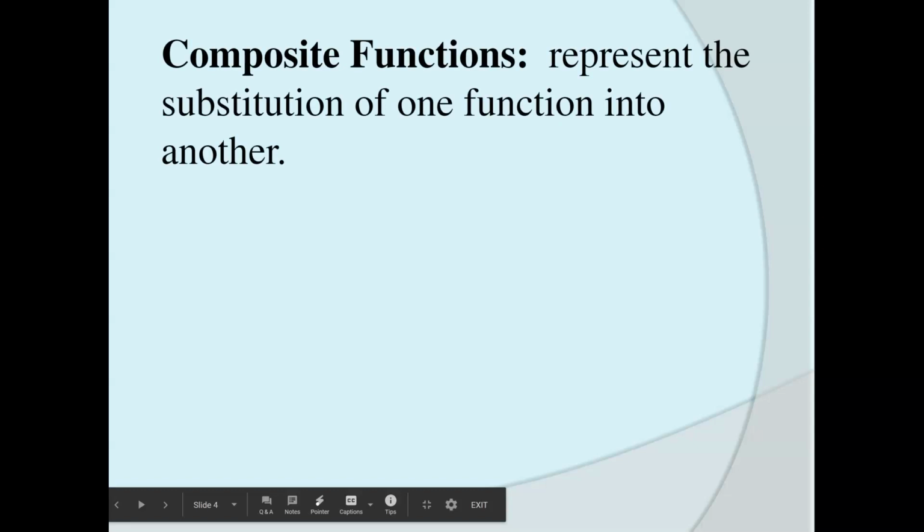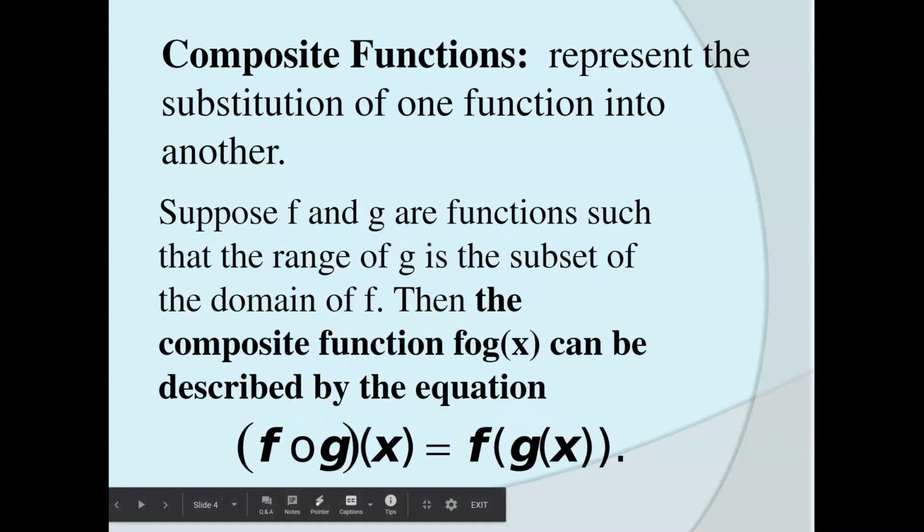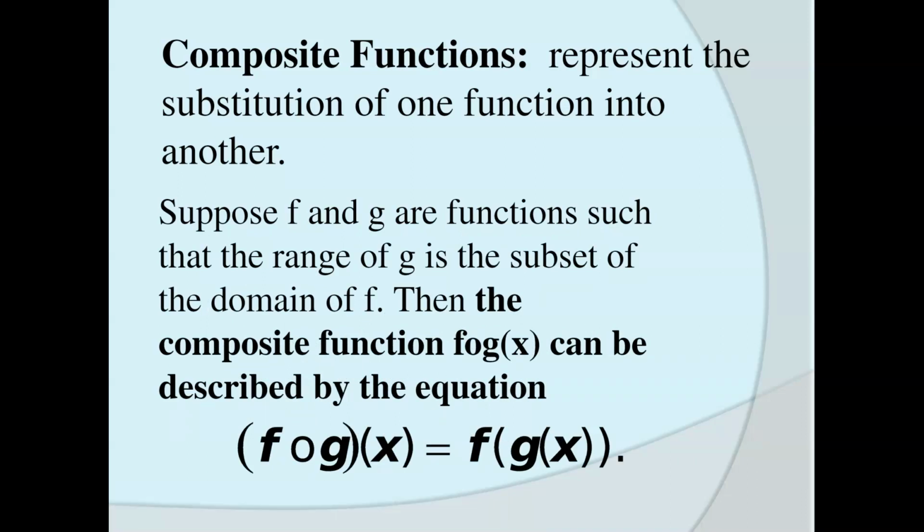So composite functions basically represent the substitution of one function into another. We have the rule that basically if you have f and g, that the range of g is the domain of f, and then the composite function f of g of x is equal to f of g of x.